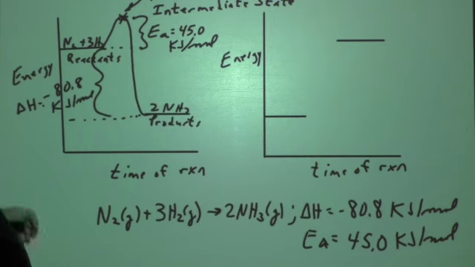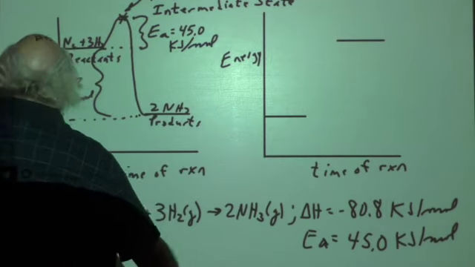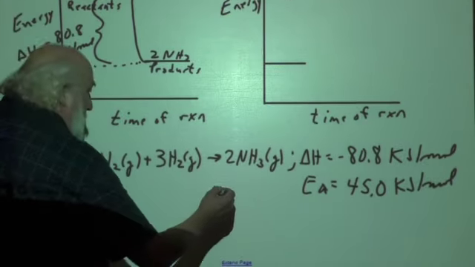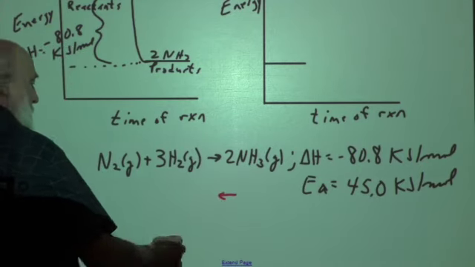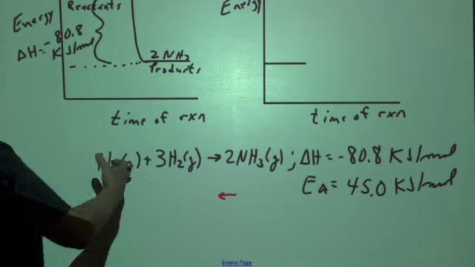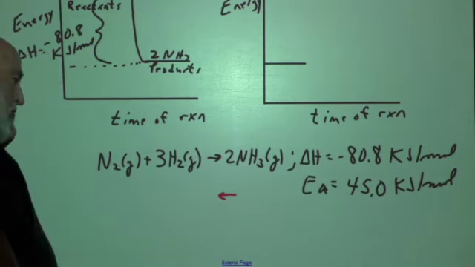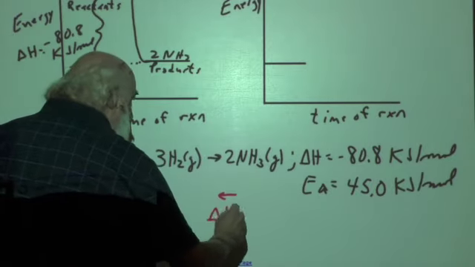Now, it is possible to go the other direction. We can start with ammonia and force it to go back the other way. So the NH3 decomposes into N2 and 3H2. When that happens, the delta H flips.